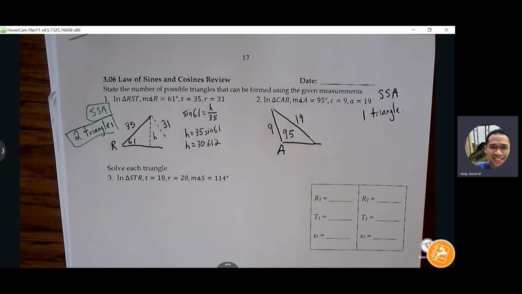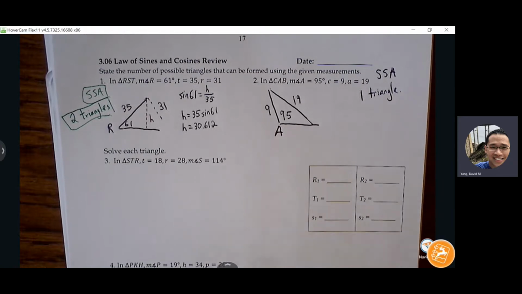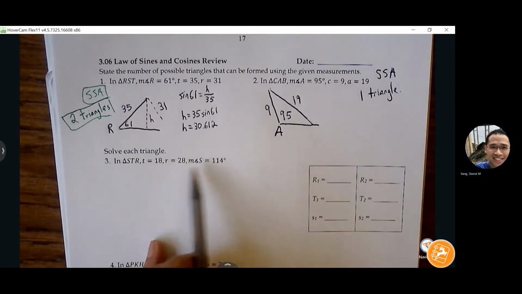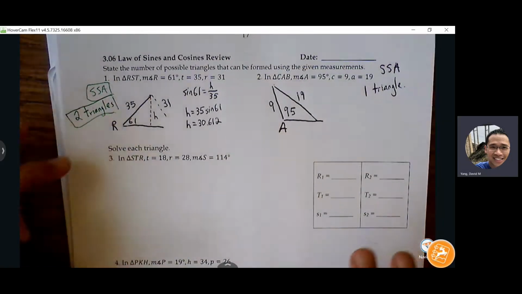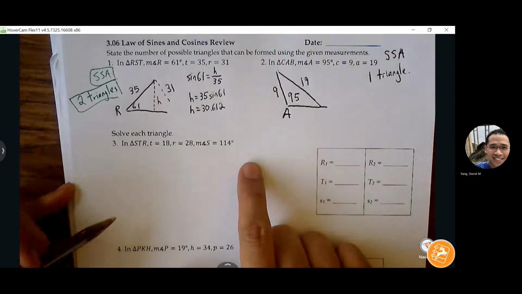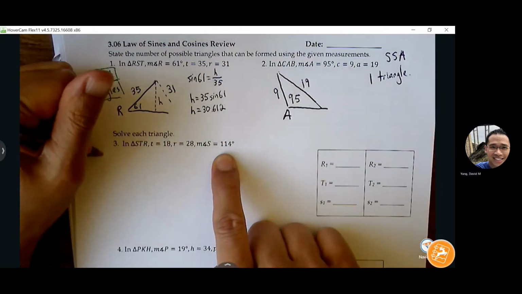Okay, so let's look at number 3. Okay, let's go ahead and label everything that we can. Now we're going to be solving it. Okay. Draw your triangle. You have 114 degrees.